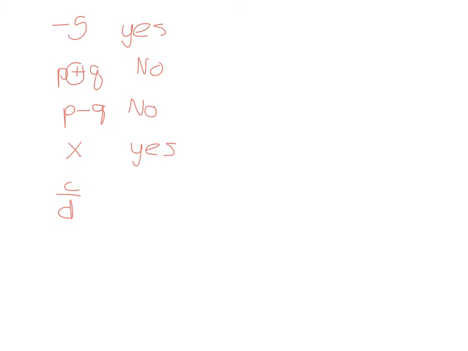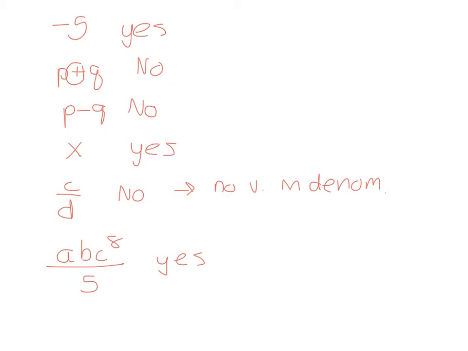C over D, no. So a monomial cannot have a variable in the denominator. But a monomial can have a number in the denominator. So yes, a, b, c to the 8th over 5, yes, that is a monomial.